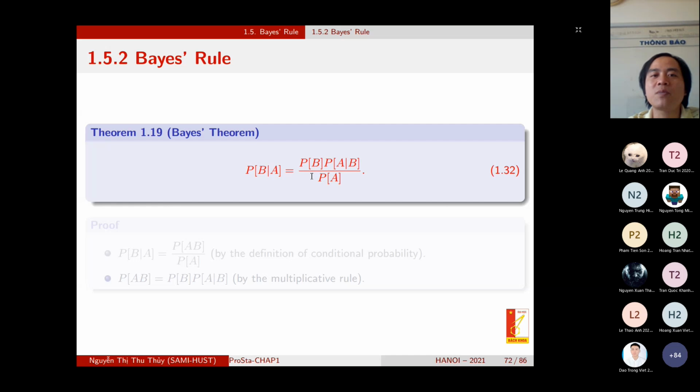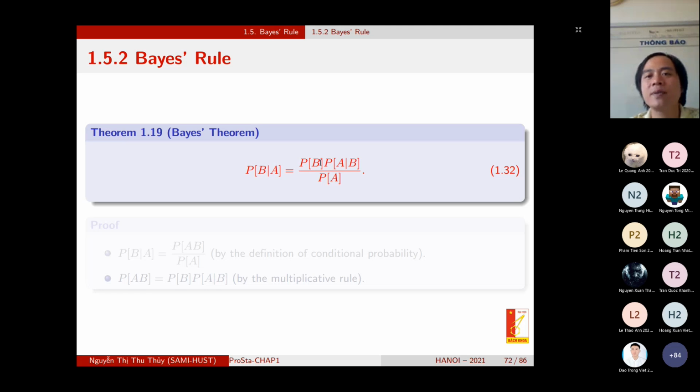For example, if you want to compute the probability of B given A, now you can invert it by computing the probability of A given B, and then you multiply by P(B) to get the probability of A and B.